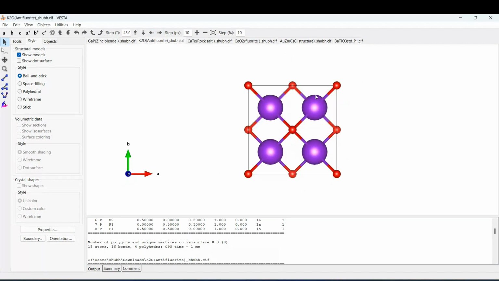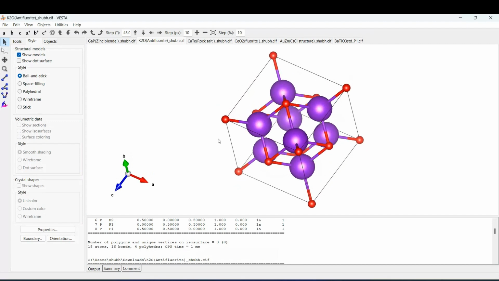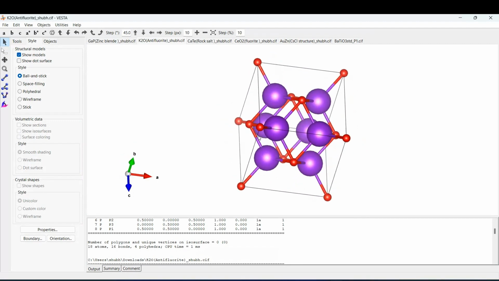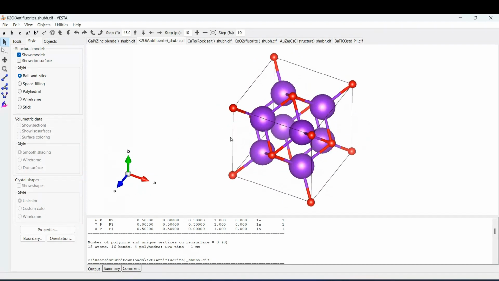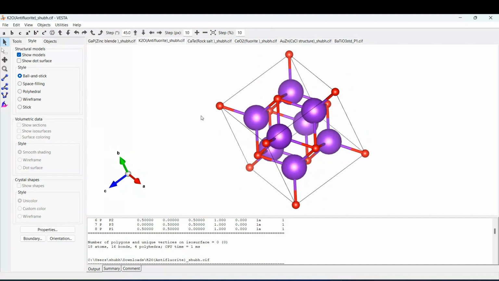Similarly, K2O is antifluorite. Here potassium is like this, and oxygen is forming the FCC.